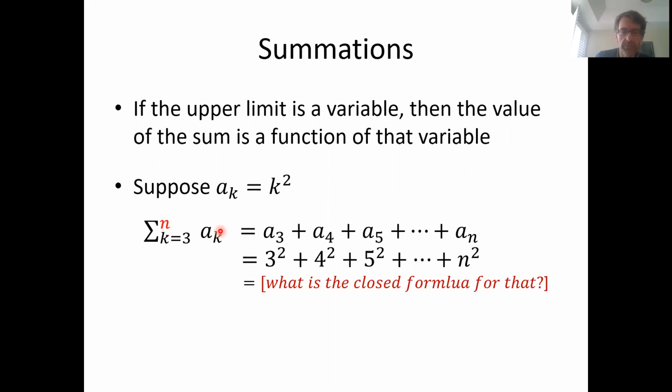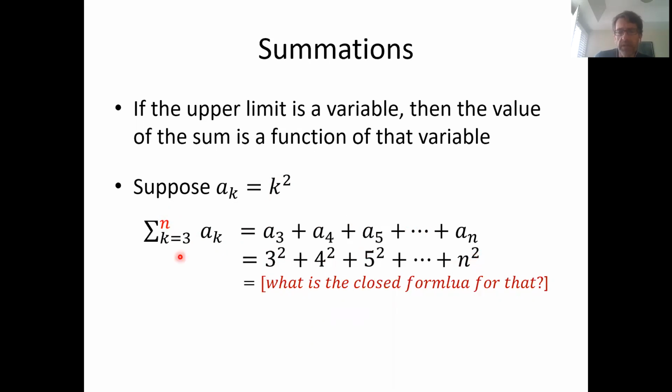It's a summation of elements in the sequence starting from the 3rd element, then the 4th and 5th, and how far I go: to a_n. So if I arithmetically represent this, knowing how to read a_k, this is 3 squared plus 4 squared plus 5 squared, all the way to n squared.